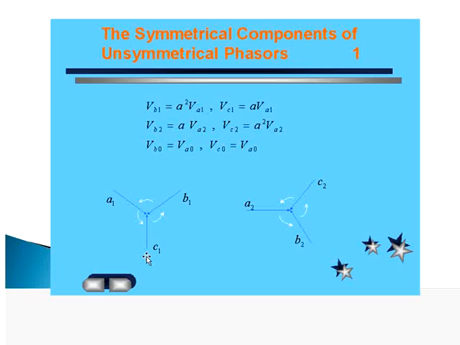Can you tell anybody the sequence here if A is the reference? What is the phase sequence here? Yes, phase sequence is here. If A is my reference, rotating in anti-clockwise direction, it is A1, C1, B1. For this, the phase sequence is A2, B2, C2, right? Because it is rotating in anti-clockwise direction.